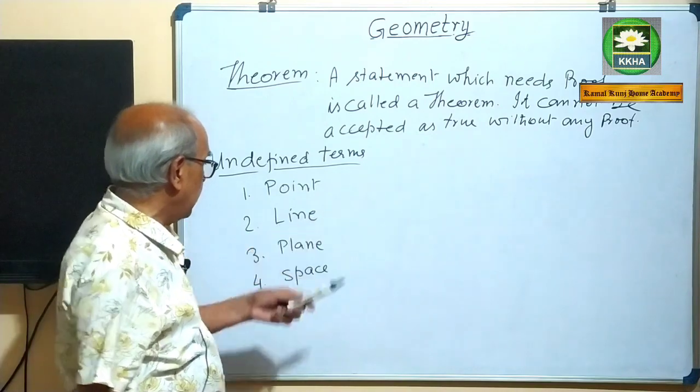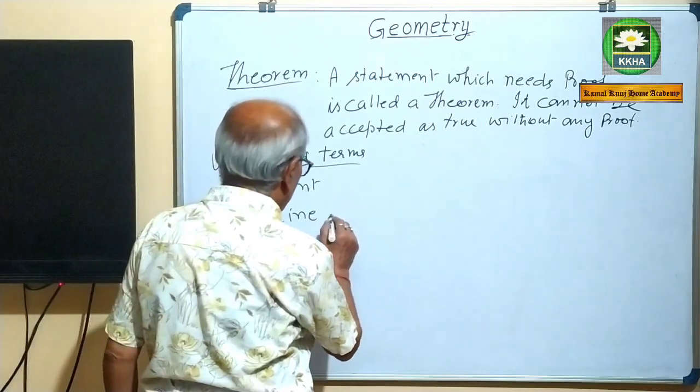Informally, a line is defined as a set of points.